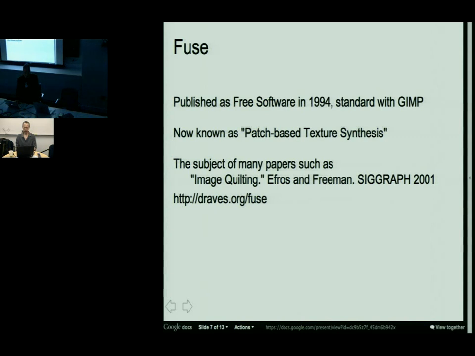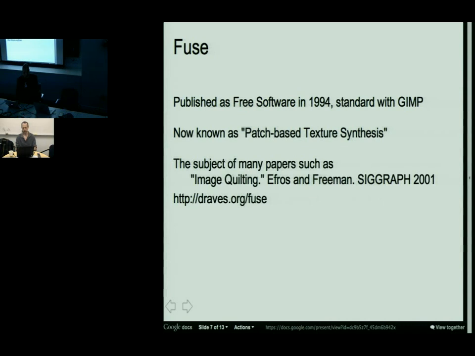This algorithm was published as free, open source software on the web a few years after I wrote it, after I made a web page. Then it was put as a plugin into the GIMP software, which is the open source Photoshop clone, and so it shipped onto millions of desktops all over the world.